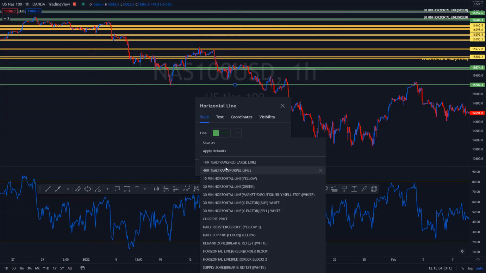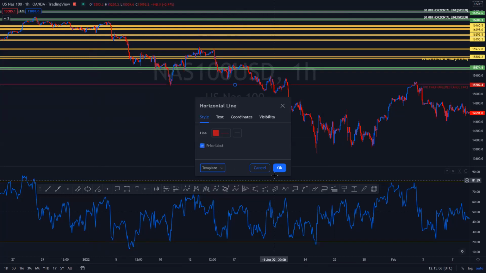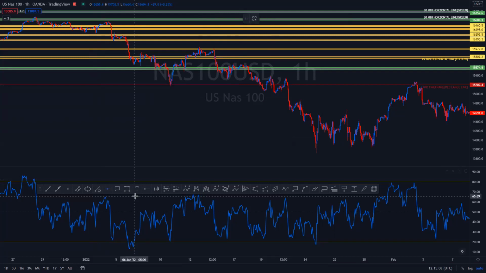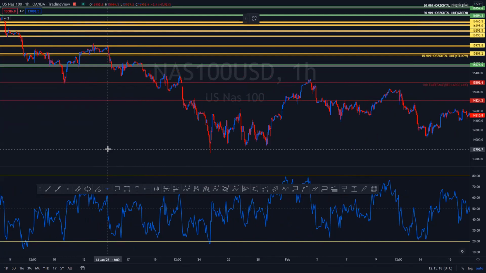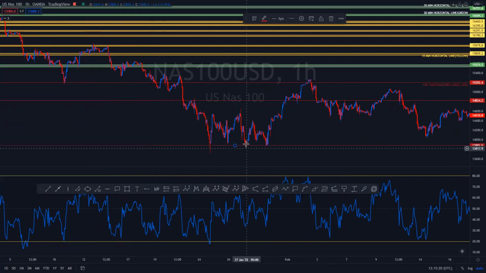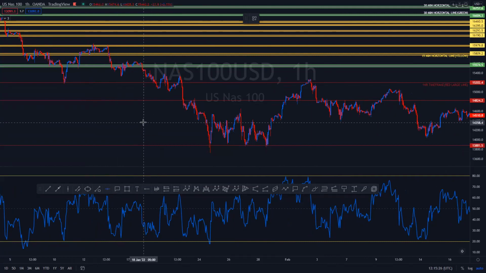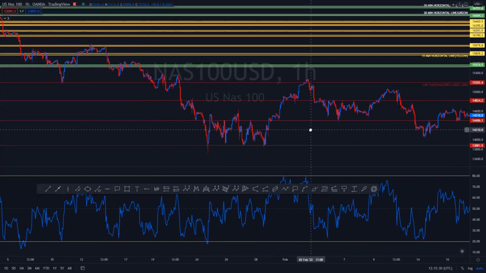Change this to red. Right. A lot of liquidity here. A lot of liquidity. Right. Now we're going to place our zones.